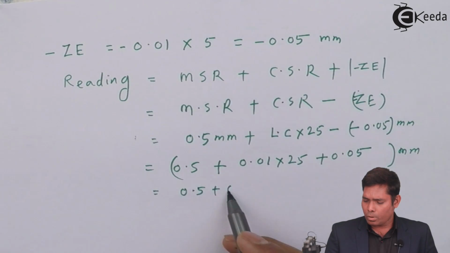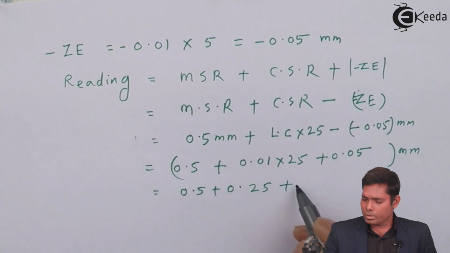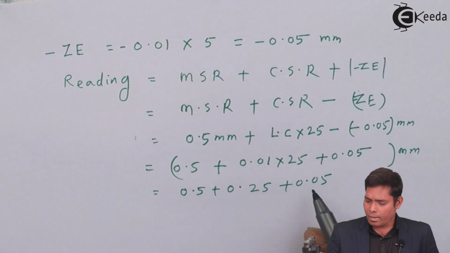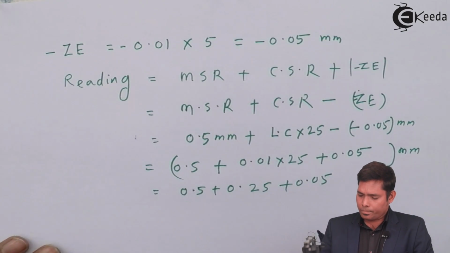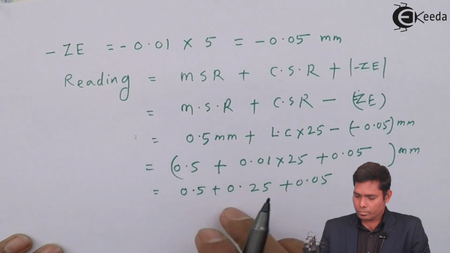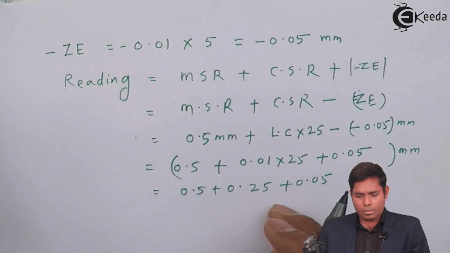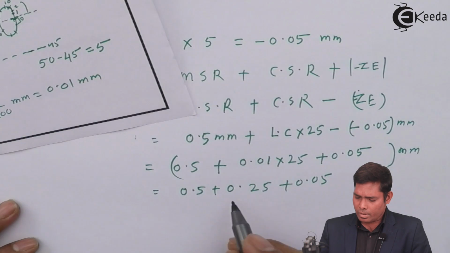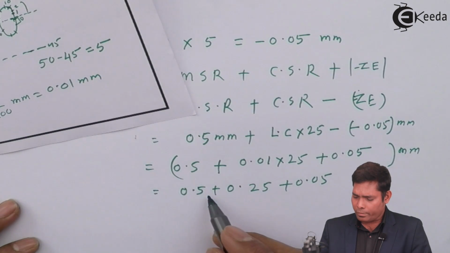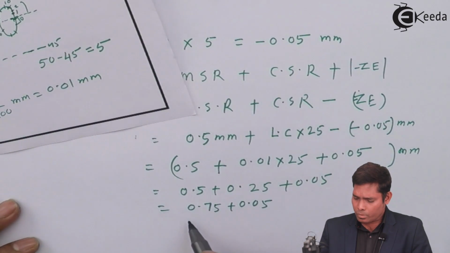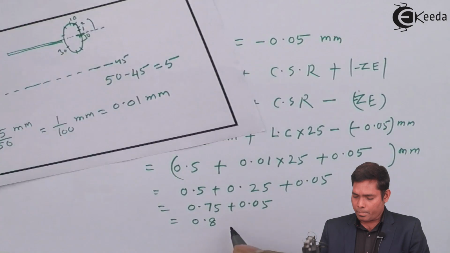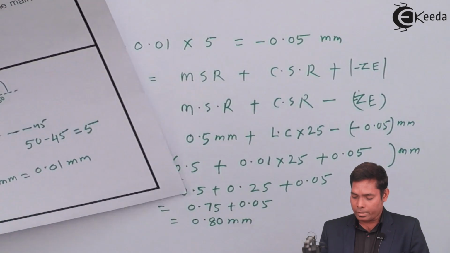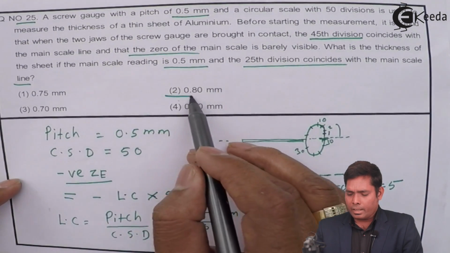So 0.5 plus 0.25 is 0.75, plus 0.05, so it is 0.8 mm, that is 0.80.